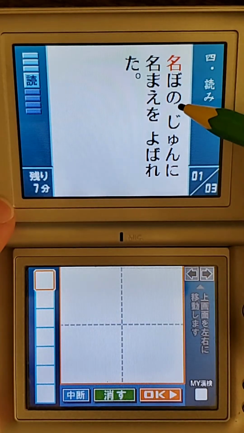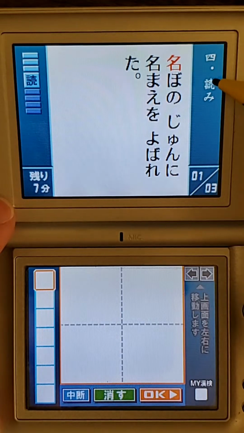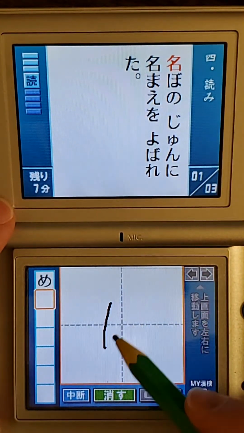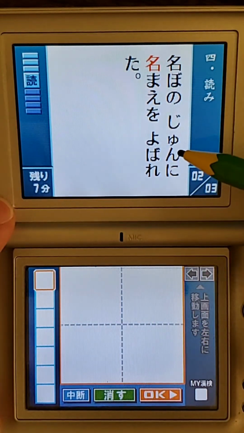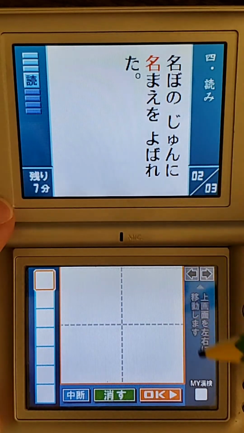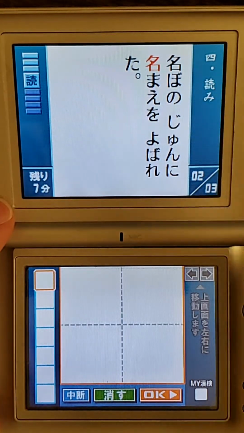Meibo no jun ni namae o yobareta. So this is not just reading the kanji. So Meibo, so it's mei. So in the order of what Meibo, I'm not sure what Meibo is, but in the order of your name kind of thing, they yobareta. My name was called. So, and this is na.